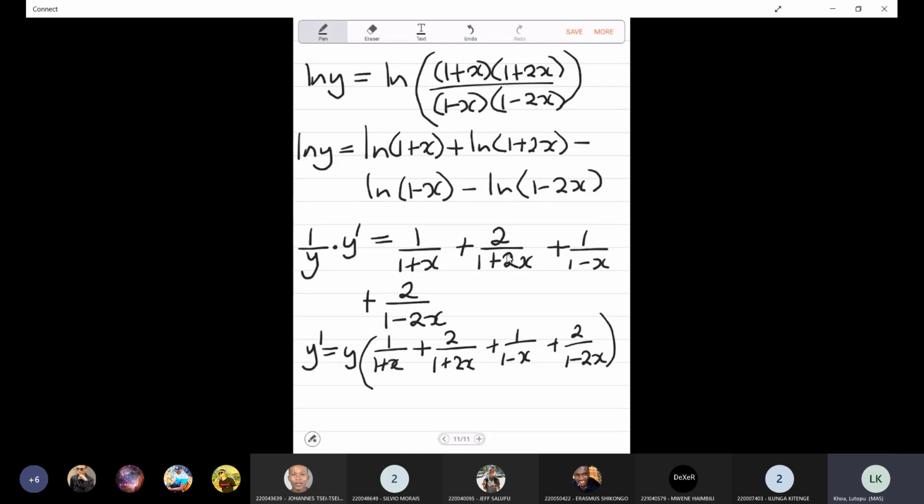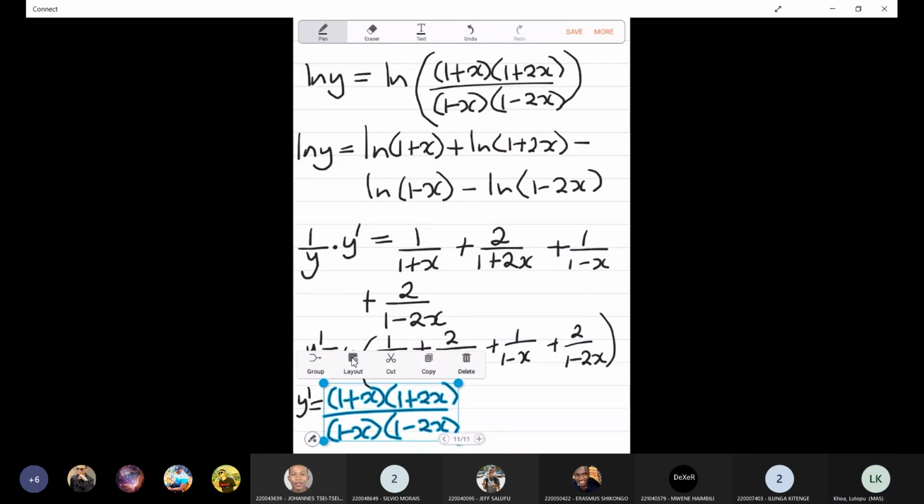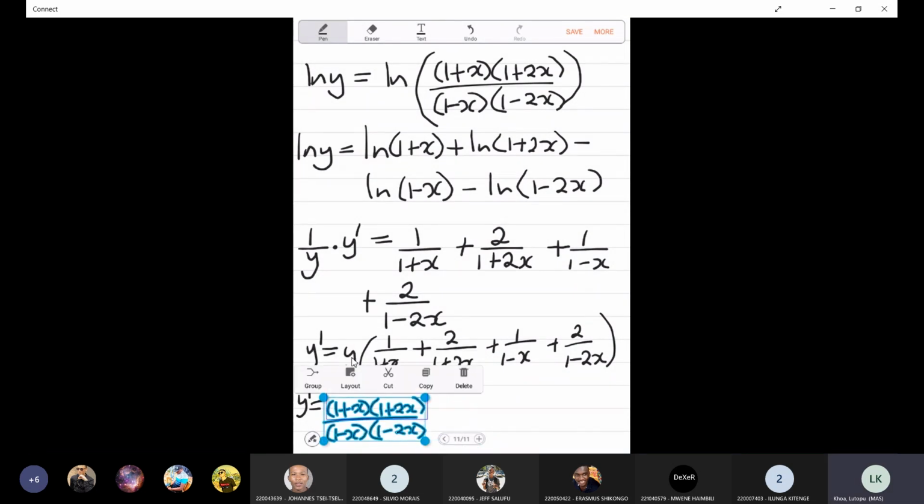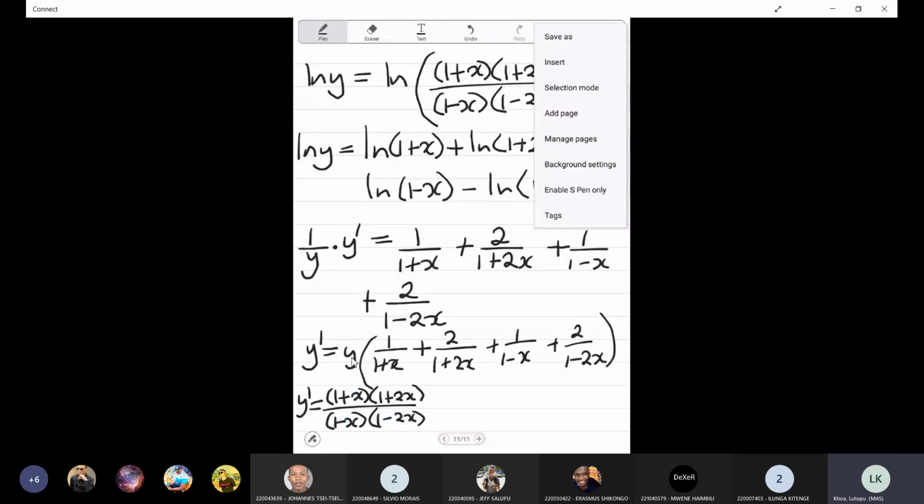Okay, and sometimes when your y isn't a very complicated or long expression, you can rewrite what y is. So what I mean by that, see if I have space, put it here. Write it like that. And this one here.